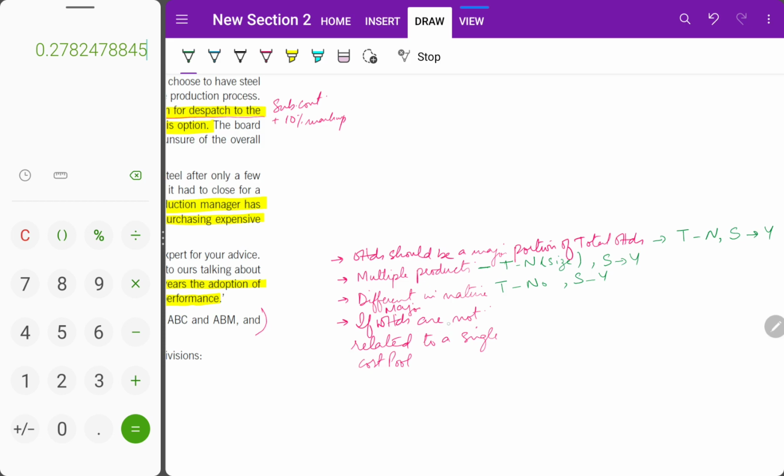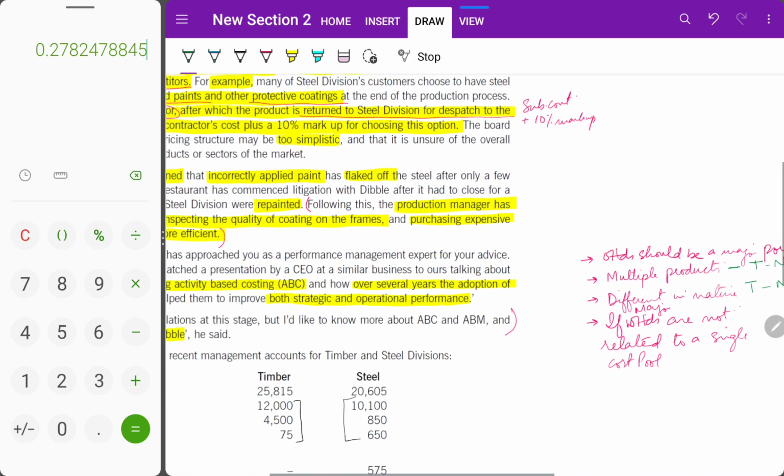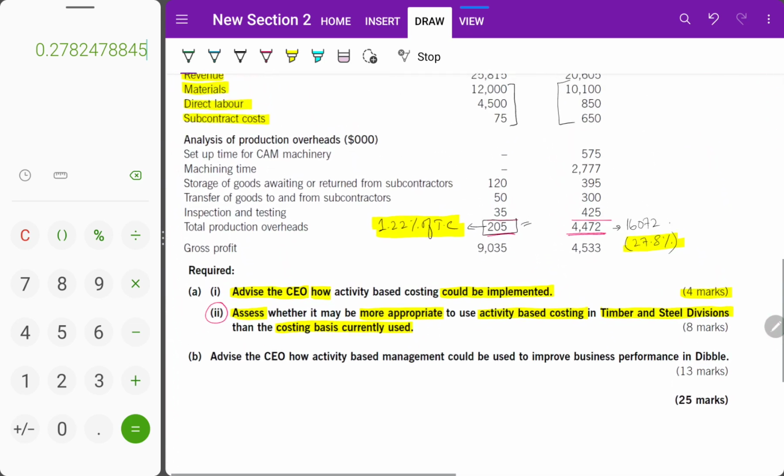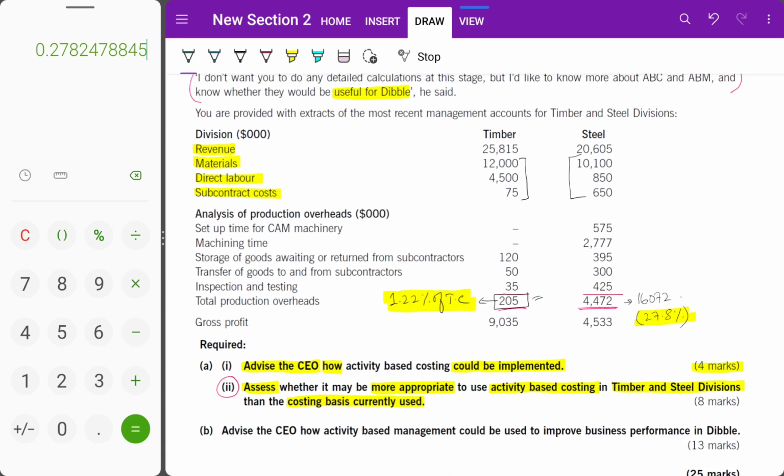If major overheads are not related to a single cost pool, so let's see what is the major overhead here in timber division. 120, right? So 120 upon 205, 59% approximately, 58.5.